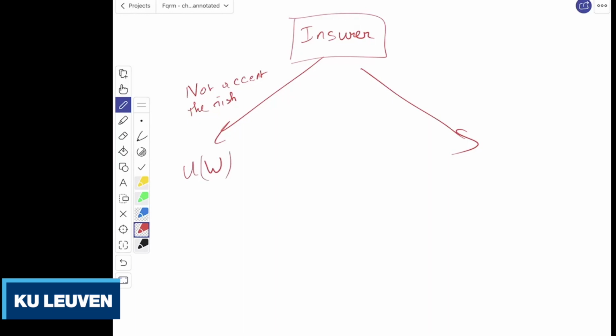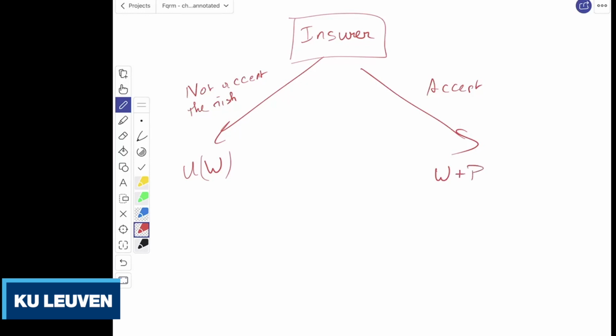Everything remains as before. In case you accept the risk, you have an initial amount W. Because you accept the risk, the insured individual will pay you a premium, so you can add that premium to your capital.